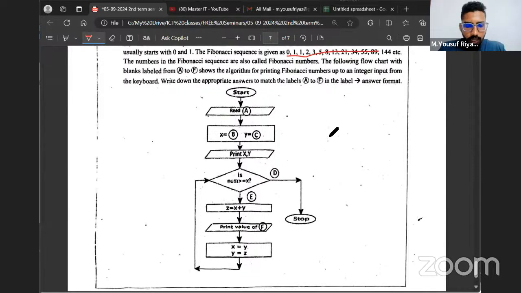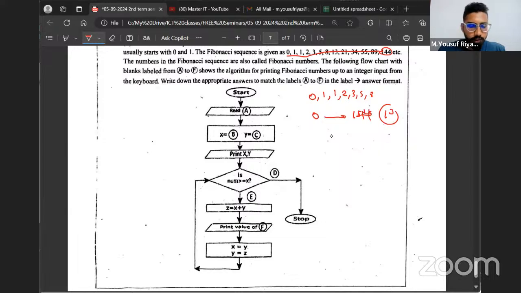At the end of the day, the program has to print something like this: 0, 1, 1, 2, 3, 5, 8, something like that. And it's going up to 144, which means in this program we're going to print the Fibonacci sequence from 0 to 144, the first 13 numbers, something like that.